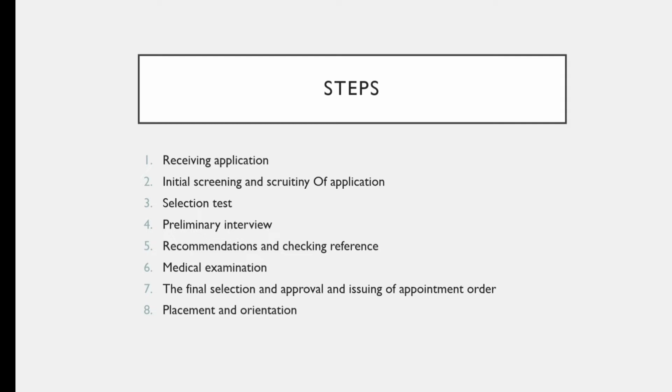There are different types of tests, we are not going into detail about them. Maybe achievement test, aptitude test, intelligence test, neuropsychological test, functional test, personality test. These tests are according to the need of that organization.